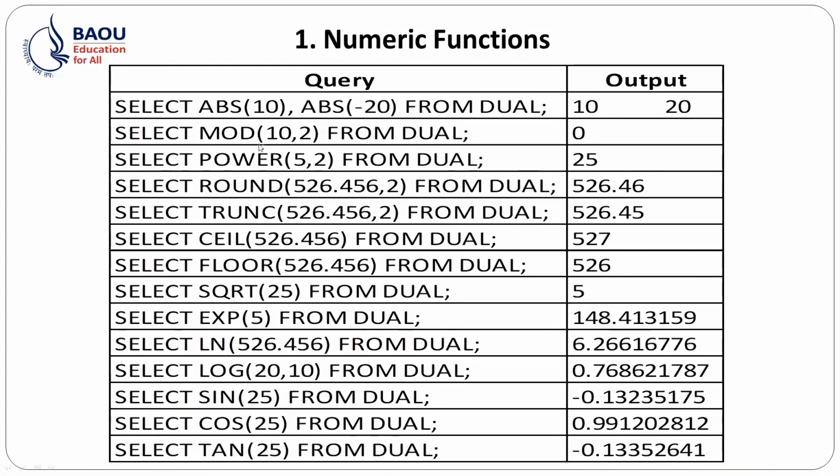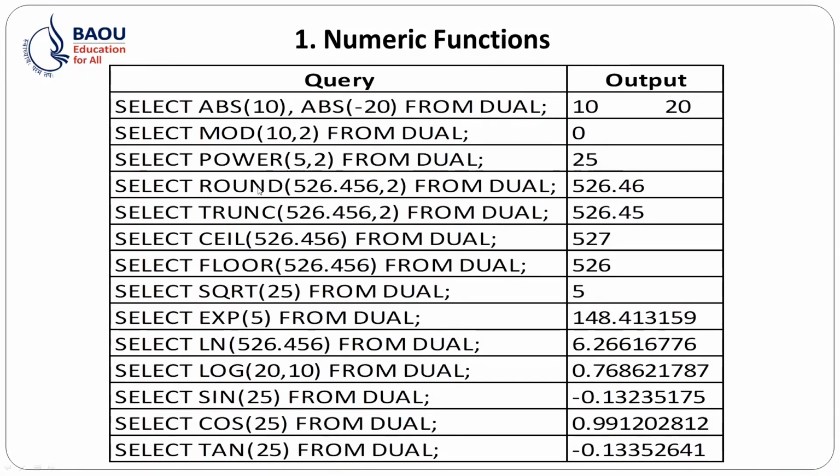Now MOD 10. Mod is used to display the remainder of 10 divided by 2. So the remainder is 0. That is the modulo function. Now power. The power function gives 5 raised to the power 2, that is 25.